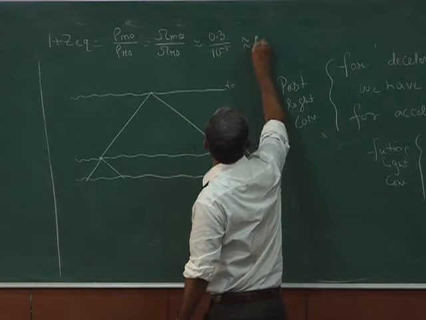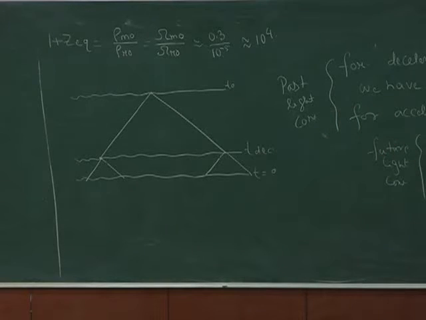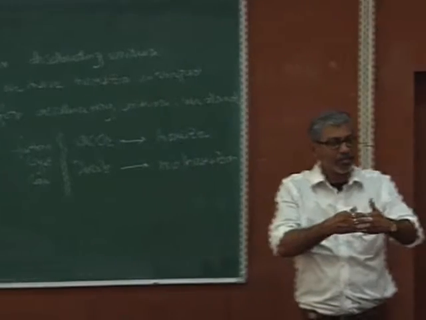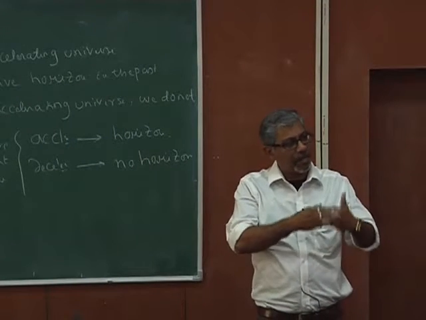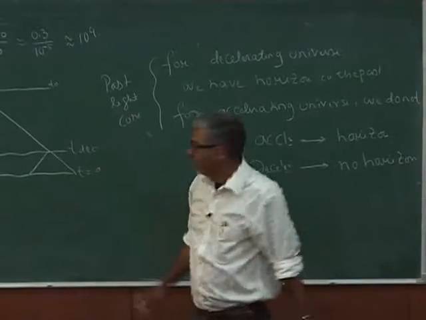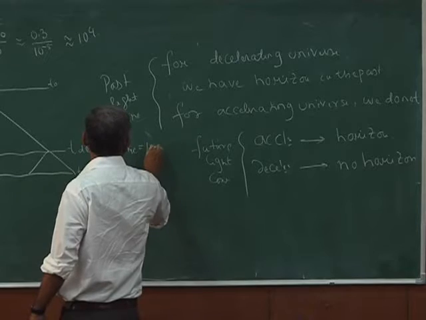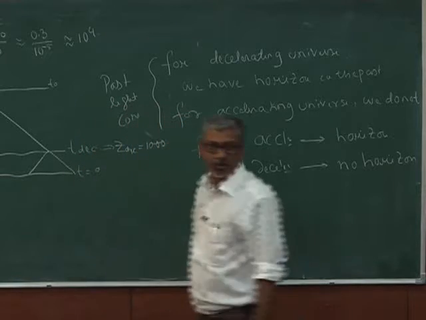So this is roughly of the order of 10 to the power 4, fine. So z equality is roughly 10,000. From there matter radiation equality occurs, and after that your matter starts dominating, fine. And if you calculate, z decoupling is roughly 1000, okay.